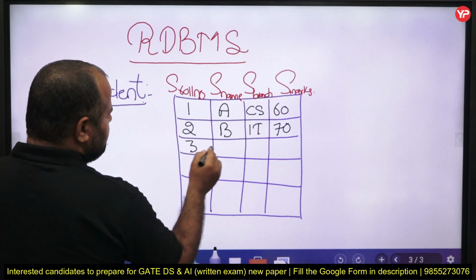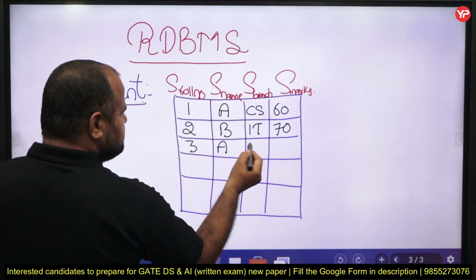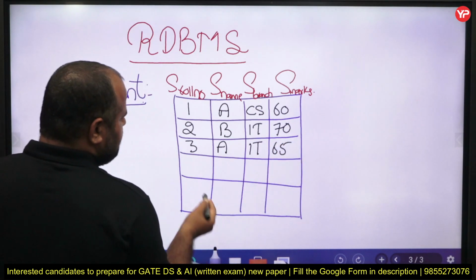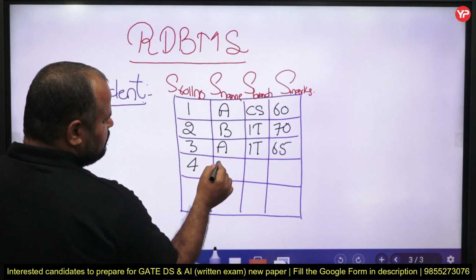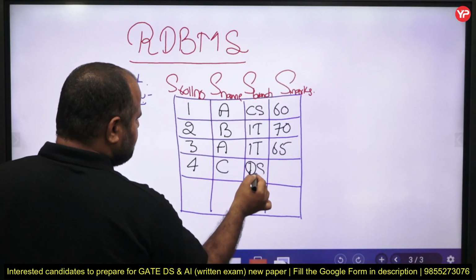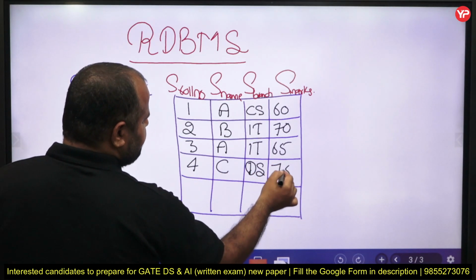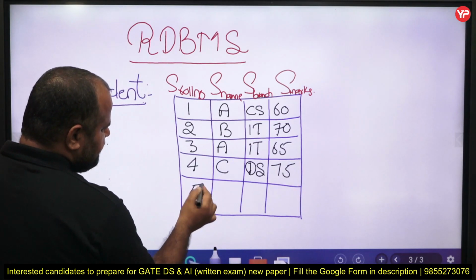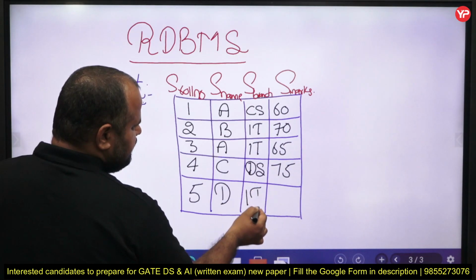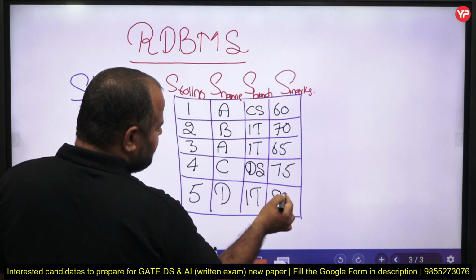Roll number 3, again name A, but this time branch IT and marks 75. Next, roll number 4, name C, branch data science, marks 75. And roll number 5, name D, branch again IT, with score 85.